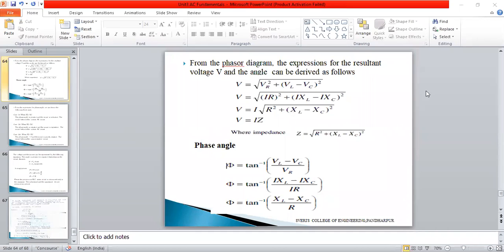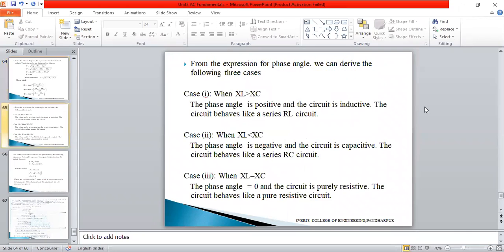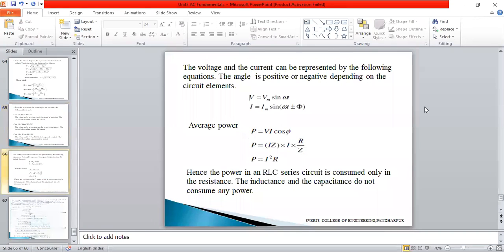So these are the impedance equations and phase angle equations we have derived. Next, for the power equations, the average power for the RL circuit will become resistance only, because average power for the inductance is 0 and for the capacitance is also 0.